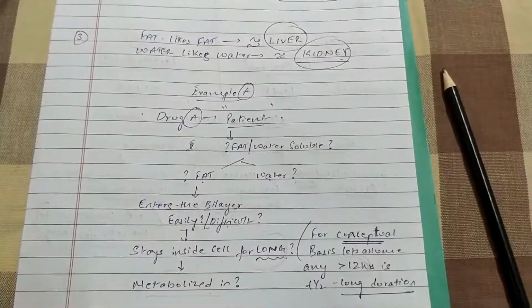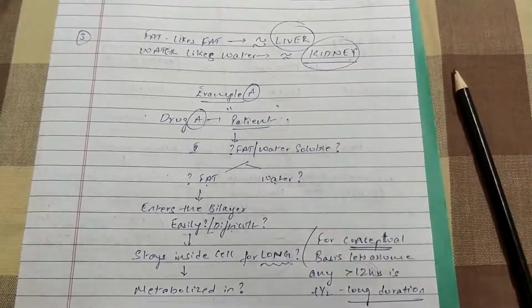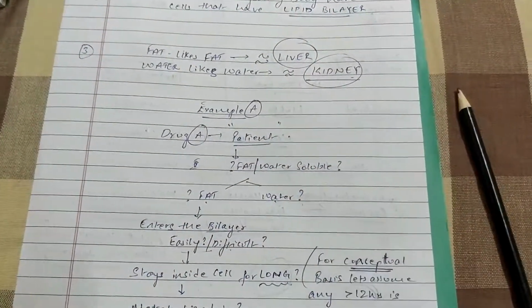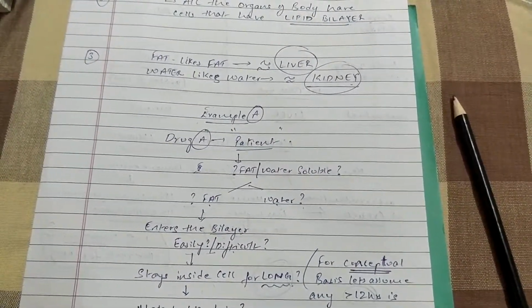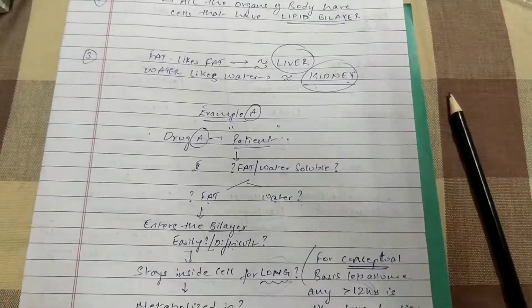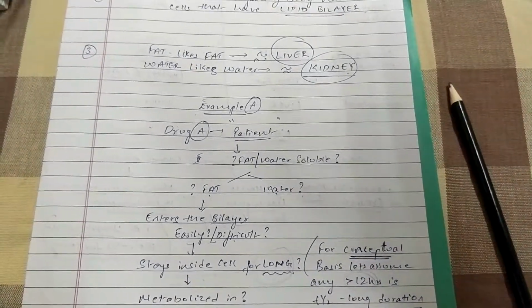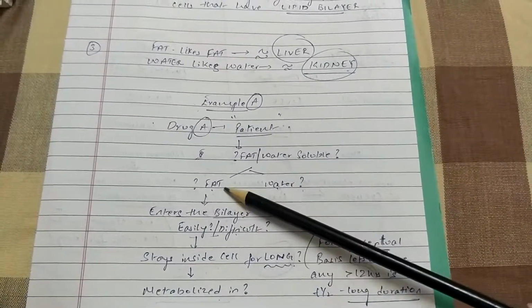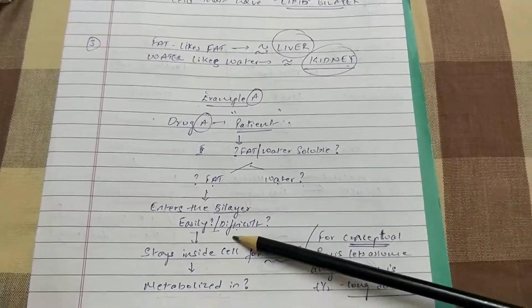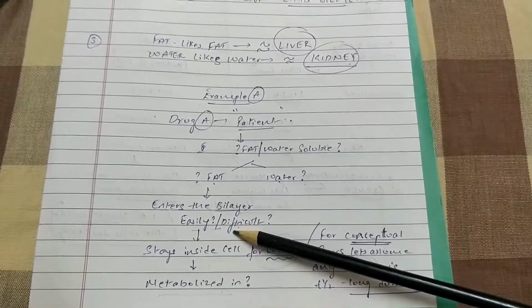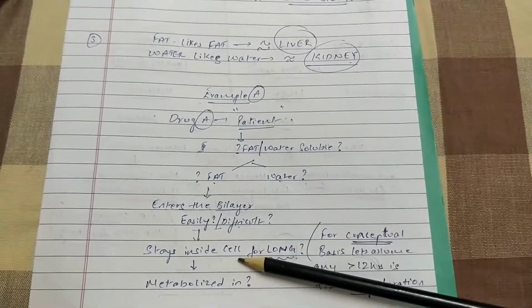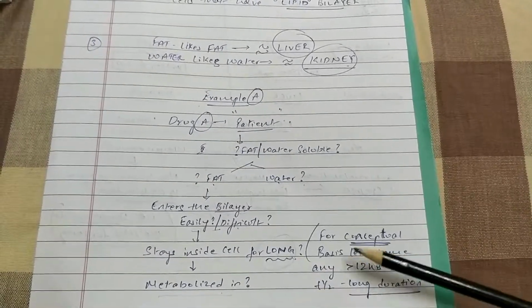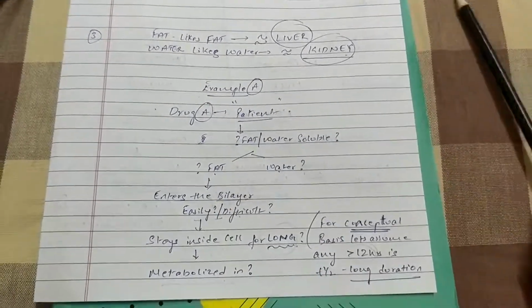That means it is distributed throughout the body equally and tries to stay inside the body and refuses to come out of the cell, which implies that this drug enters very easily and stays inside the cell for long but refuses to come out, hence giving it a longer half-life. Are you trying to get it?